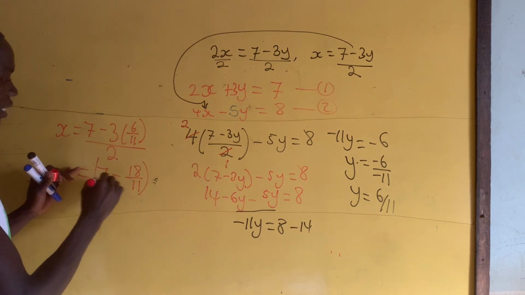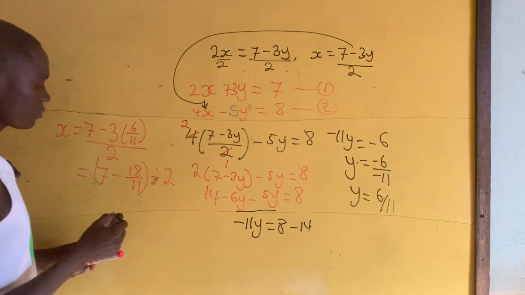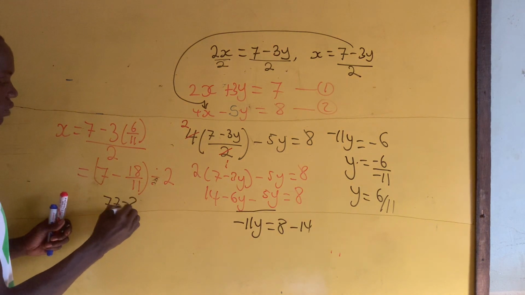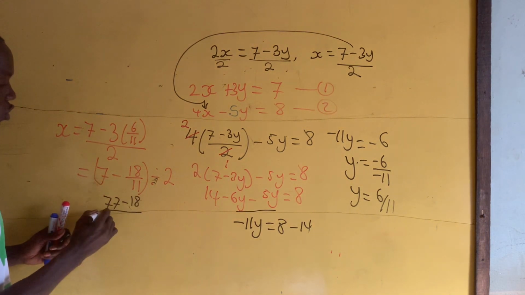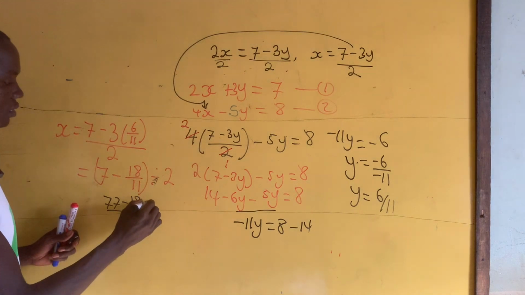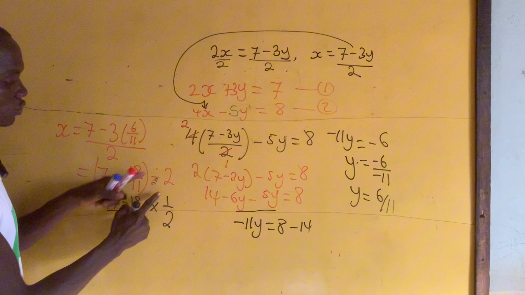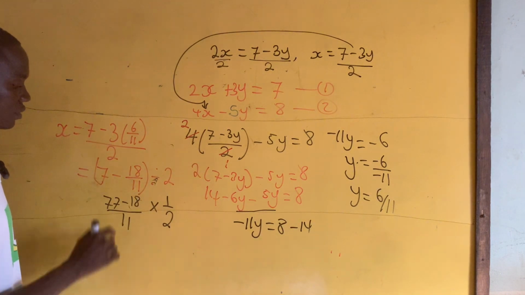Let me put this in brackets, all divided by 2. So we simplify this to get (77 minus 18) all divided by 11. Then division by 2 becomes times 1 divided by 2. If we change it to times, we turn this one upside down in a very simple way.